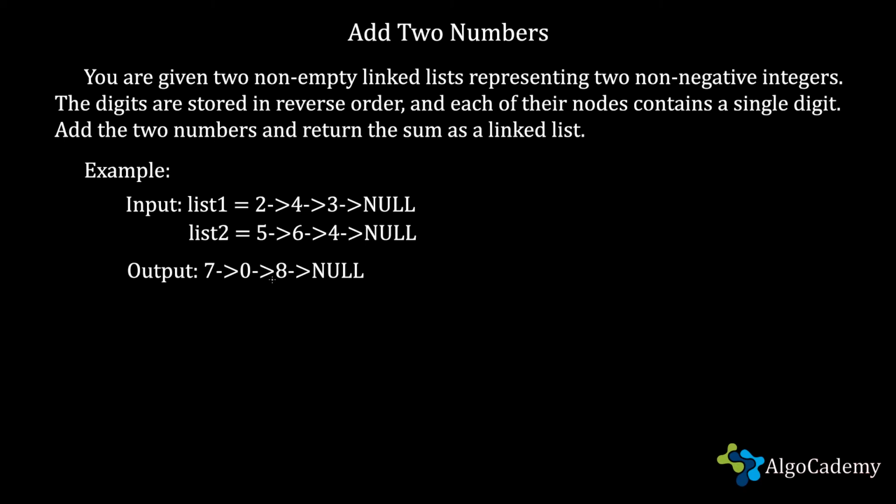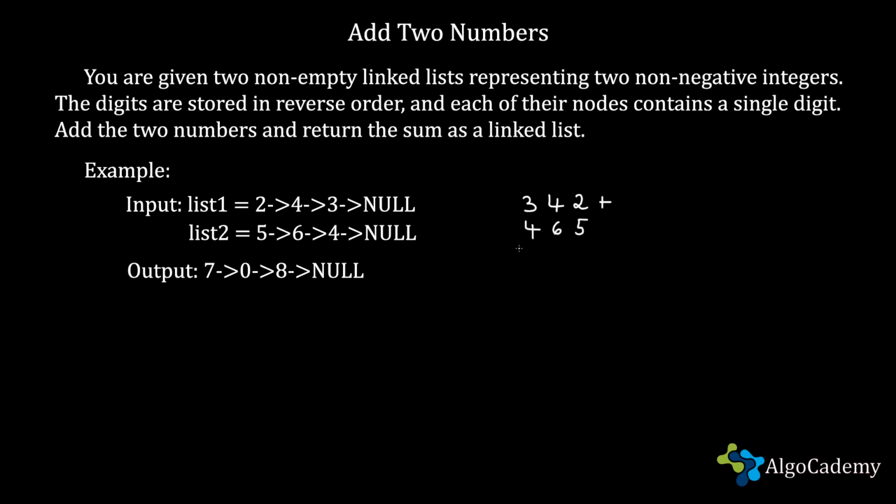So the first list is 2, 4, 3, null. Because the digits are in reversed order, the number is going to be 3, 4, 2. So the first one is 342, and we should add this value to 465.